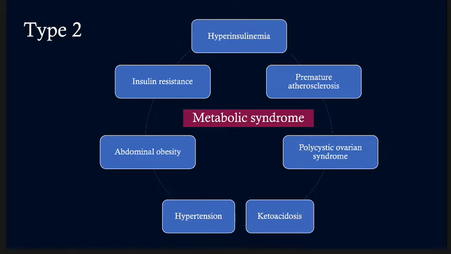So these patients are chronically exposed to hyperinsulinemia because of deficiency of receptor response to the insulin, which is in the blood circulation, but cells are not able to use this glucose, because there is no good attachment or recognition by the receptors. And that ultimately leads to premature atherosclerosis. Patients are prone to develop polycystic ovarian syndrome, chronic hypertension, and abdominal obesity.